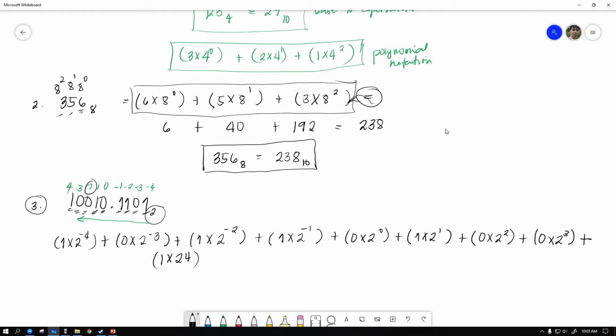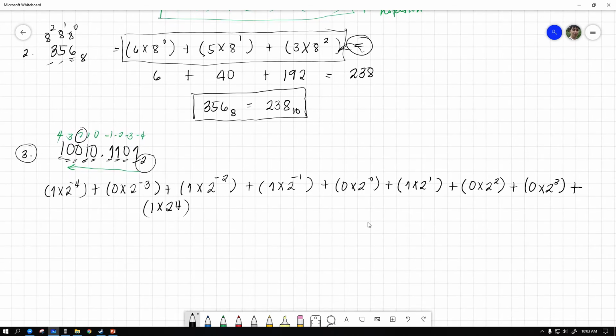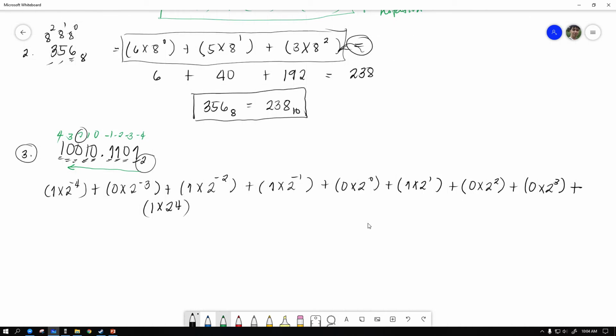To find its decimal value or base 10 equivalent, we will evaluate each part.